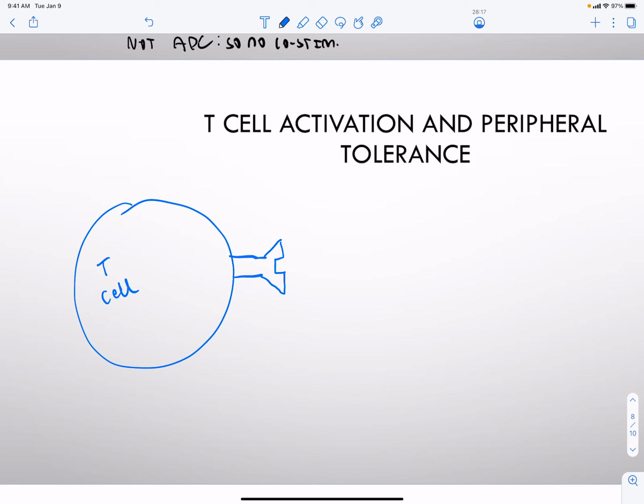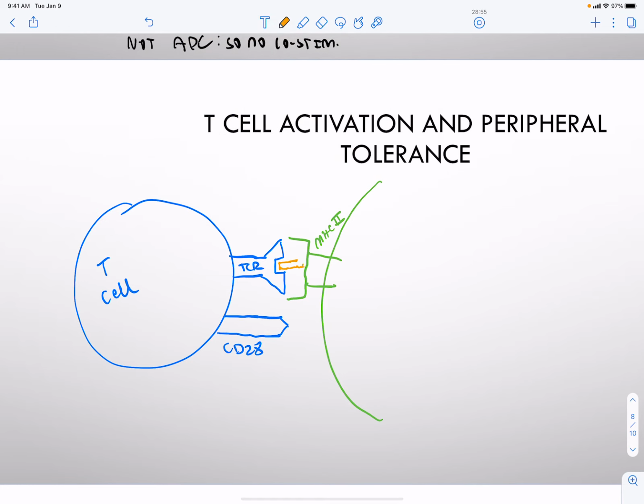And the T cell also always will express CD28. And then your antigen presenting cell, which is much larger, is going to have on its surface the MHC molecule. And it's going to have this antigen. That's going to fit into the T cell receptor.